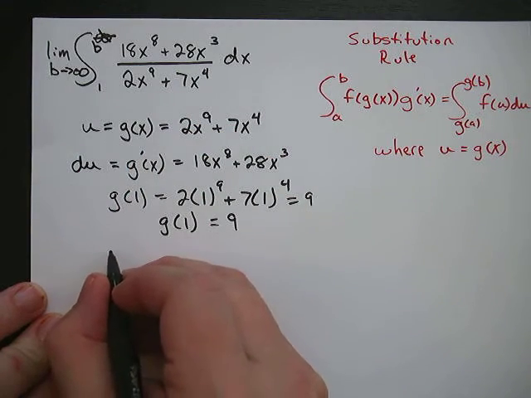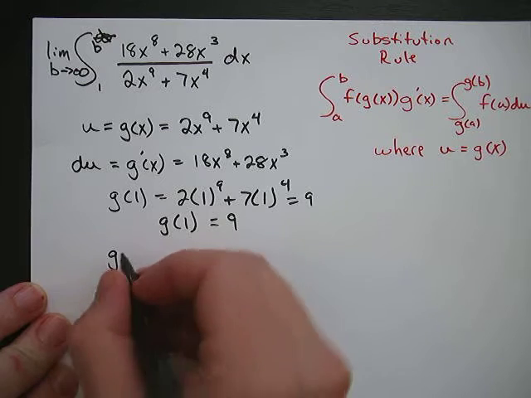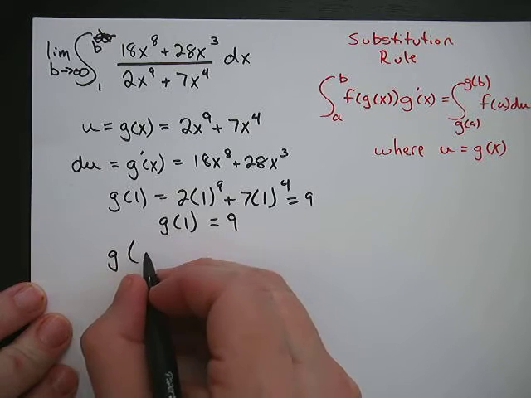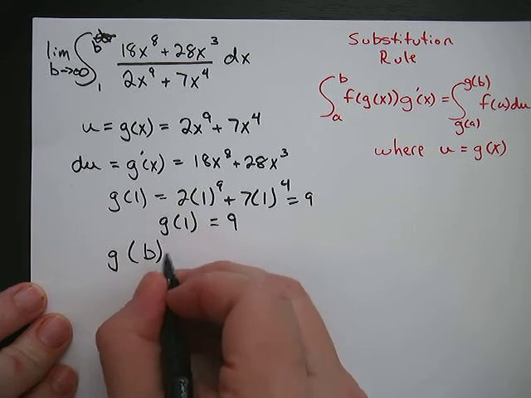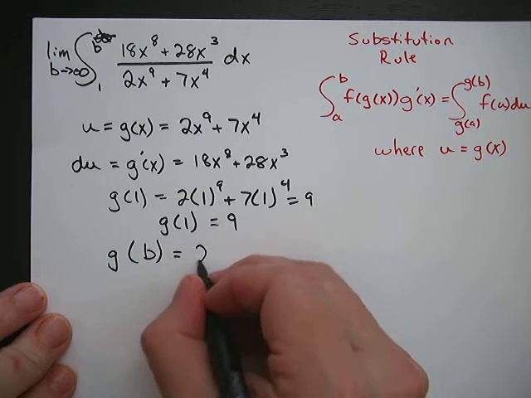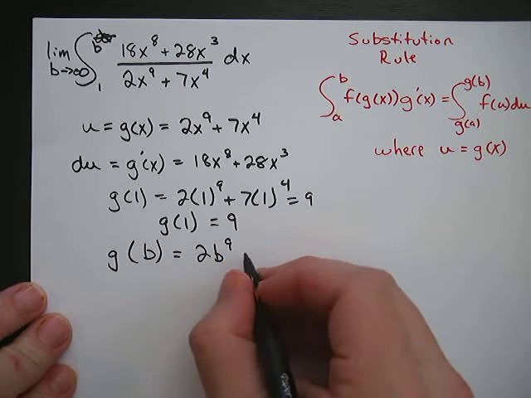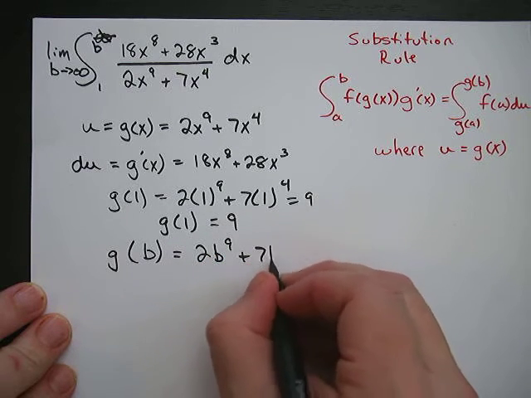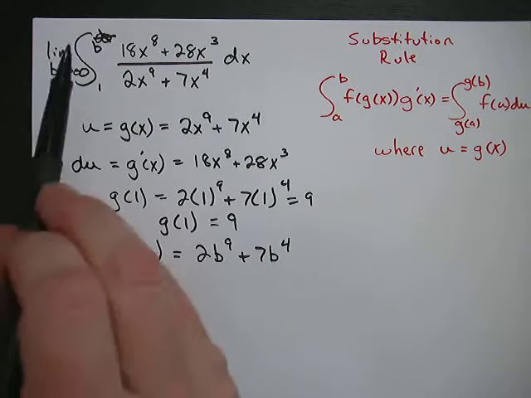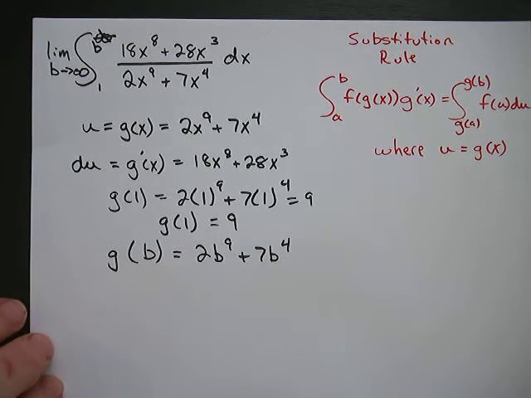So g of b is going to be equal to 2 times b to the 9th plus 7b to the 4th. I'll keep this limit as b goes to infinity on my next step.